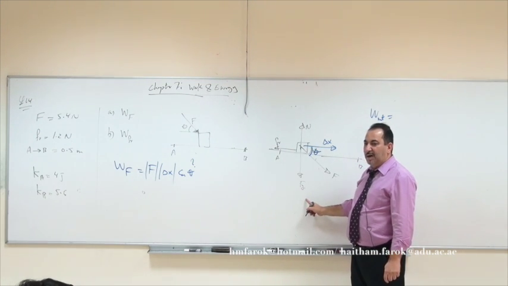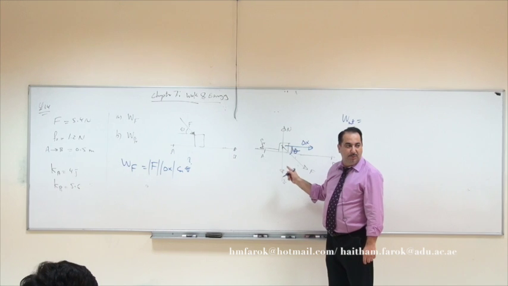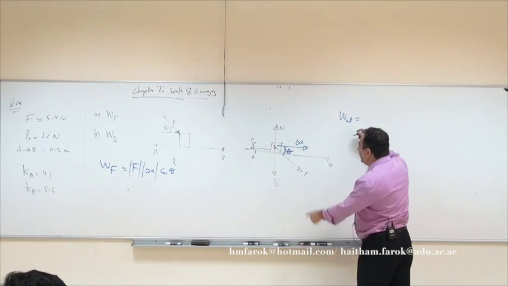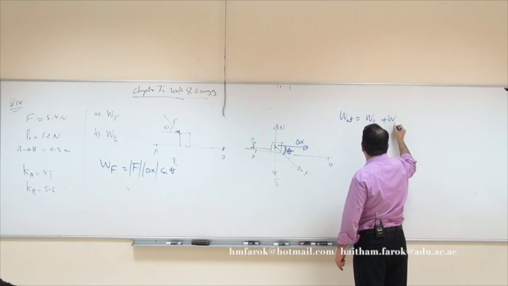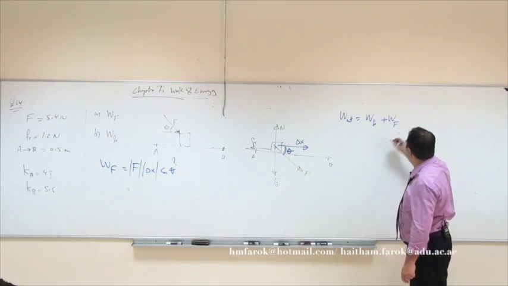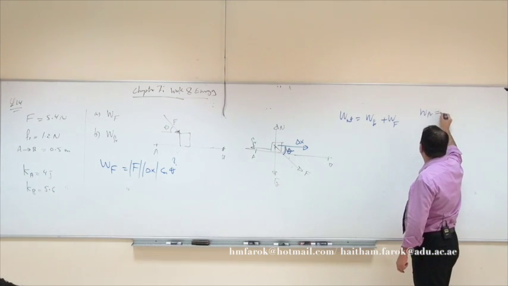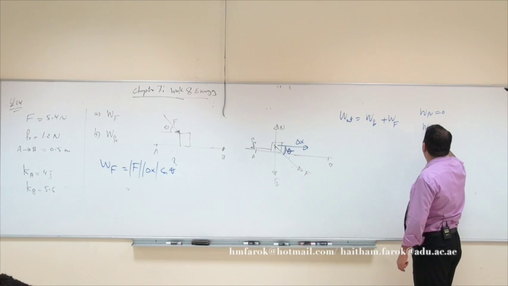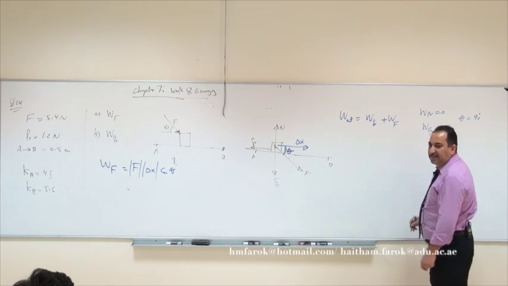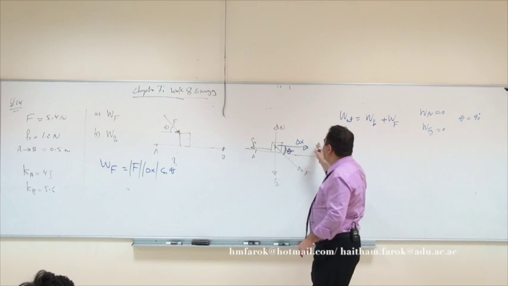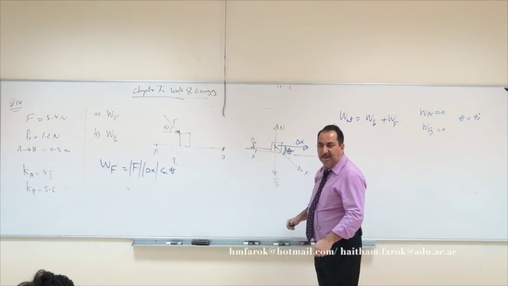FG doesn't have work, because it's at 90 degrees to the motion, yes? So W net in this question is just W friction plus WF, yes? Because W normal is 0 and W gravity is 0 because of the angle 90 degrees, yes? You're moving this way, N is that way, and FG that way, 90 degrees.